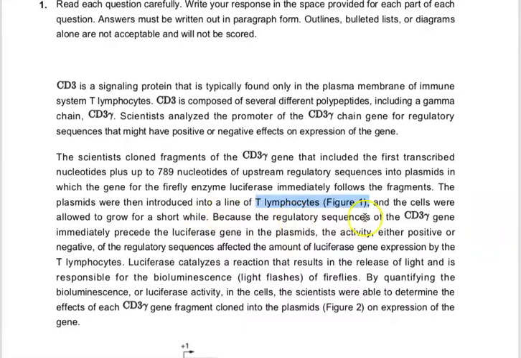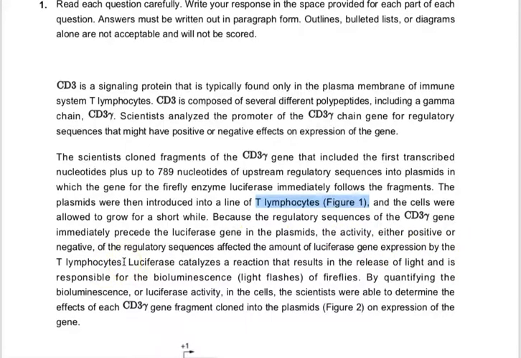Because the regulatory sequence of the CD3 gene immediately preceded the luciferase gene in the plasmids, the activity, either positive or negative, of the regulatory sequence affected the amount of luciferase gene expression by the T lymphocytes.